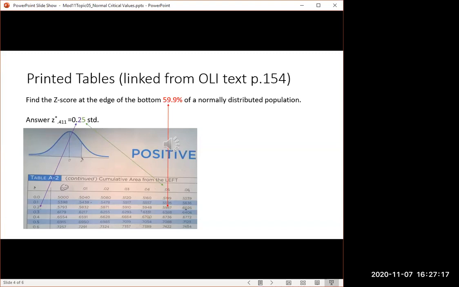So it's a little awkward that the 60th percentile would be the 40% critical value. It's two different ways of speaking about the same z-score, 0.25 STDs either way.